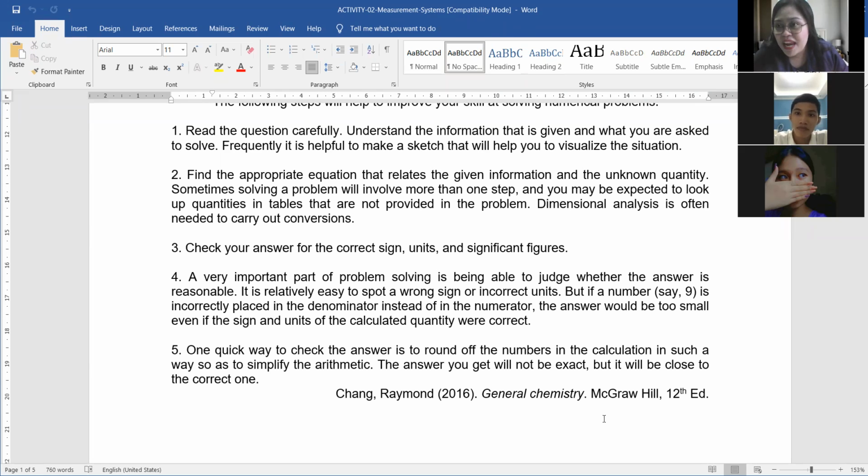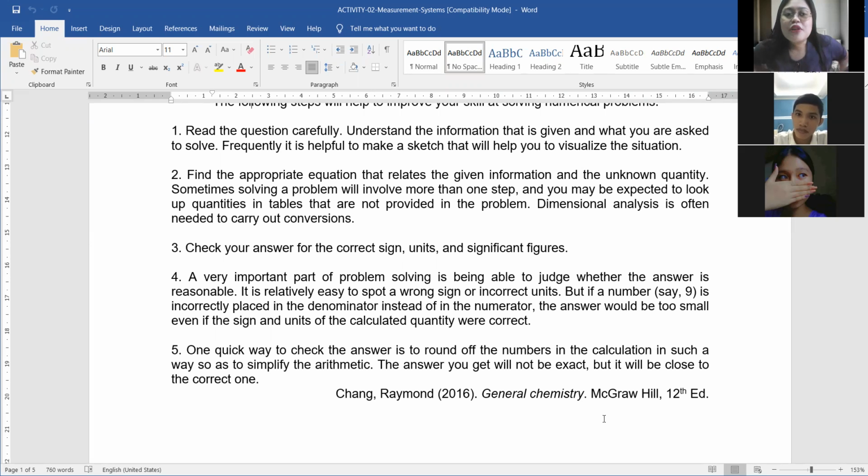From the given, you will know what information is provided in the problem and what is missing or asked, so that after identifying those, you will know what appropriate equation you are going to use to solve for what is missing. So always read the problem, list the given, and then identify the appropriate equation you will use.